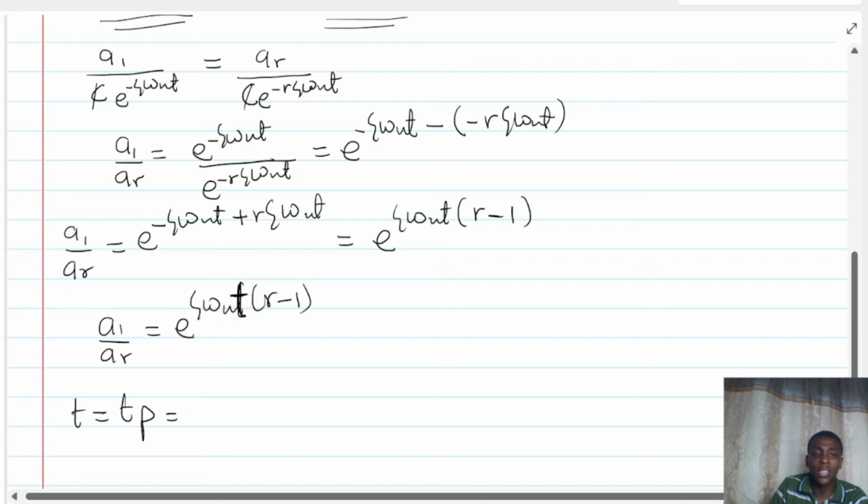And this TP is coming from the damped natural frequency. So the period will be given by 2 pi over omega d. That's what we are saying. So it's going to be 2 pi divided by omega n into the square root of 1 minus zeta squared.